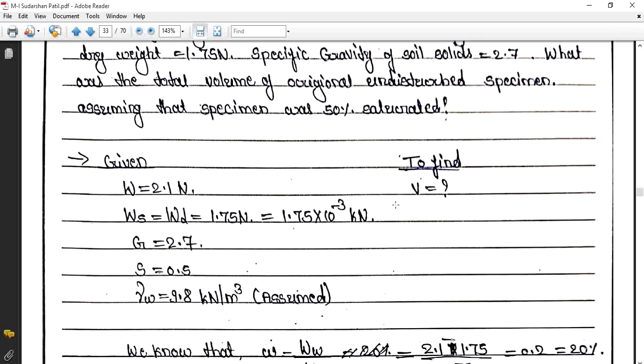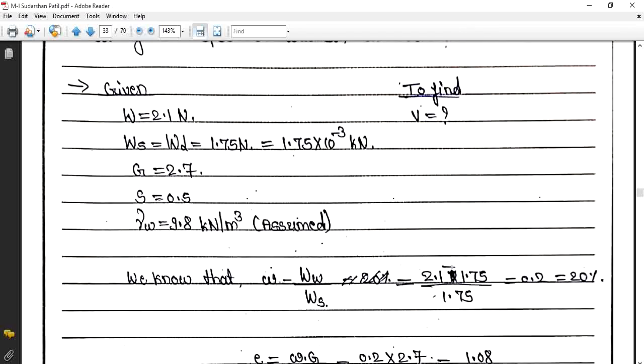So what are they asking? What is the total volume of the original undisturbed sample? We know that water content is equal to weight of water divided by weight of soil solids. So how can I find the weight of water?